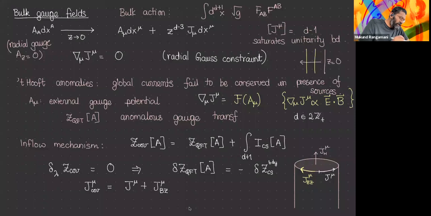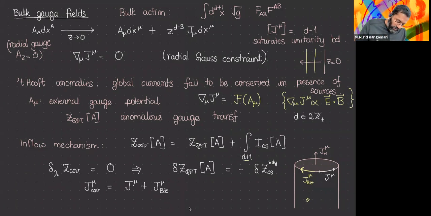Now, usually in anomaly inflow, you think of your quantum field theory on some space, and the Chern-Simons theory as living in a topological space that's 1 dimension higher.